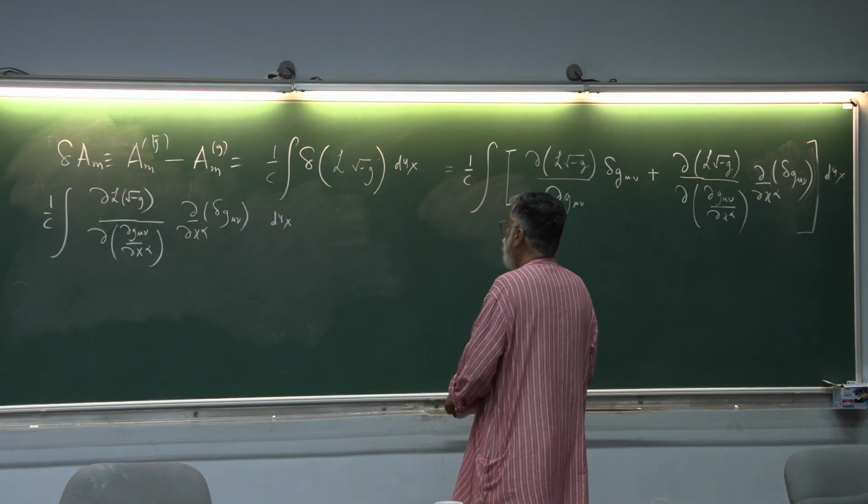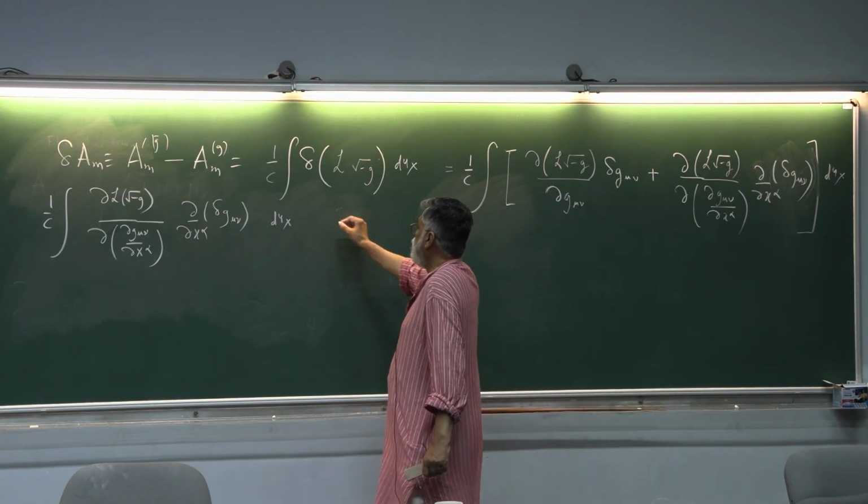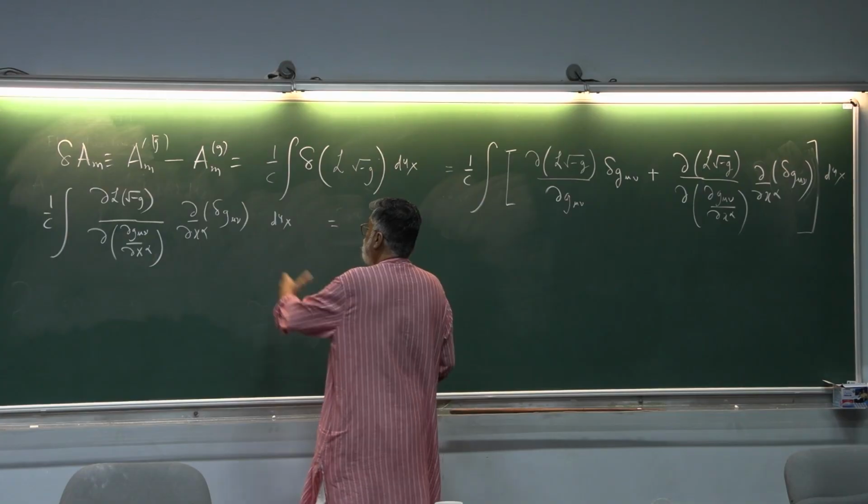Now this term I can rewrite. Here the partial derivative is acting on delta G mu nu.